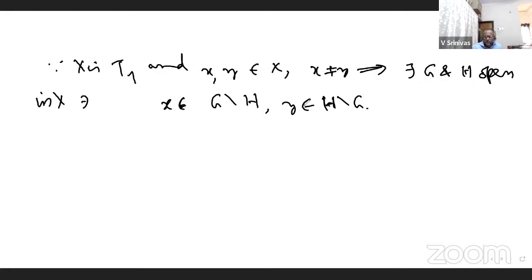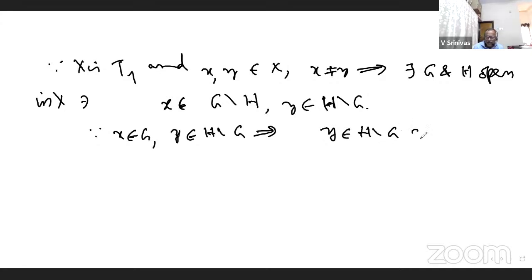What can you say about this? Since x belongs to G and y belongs to H minus G, y is contained in the singleton x complement. See, you are in this situation.